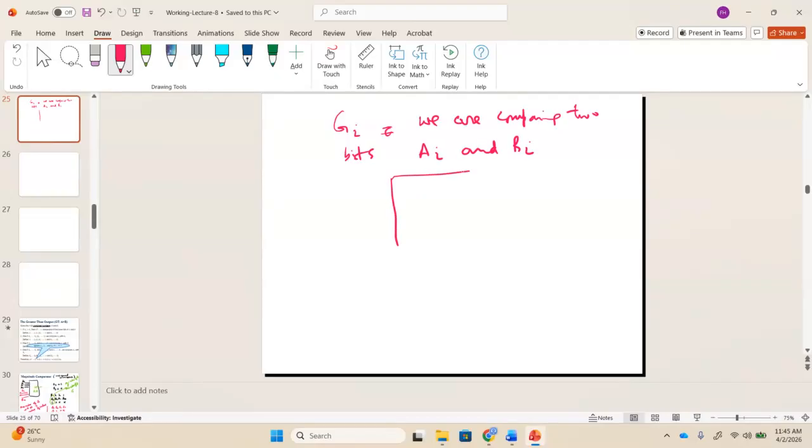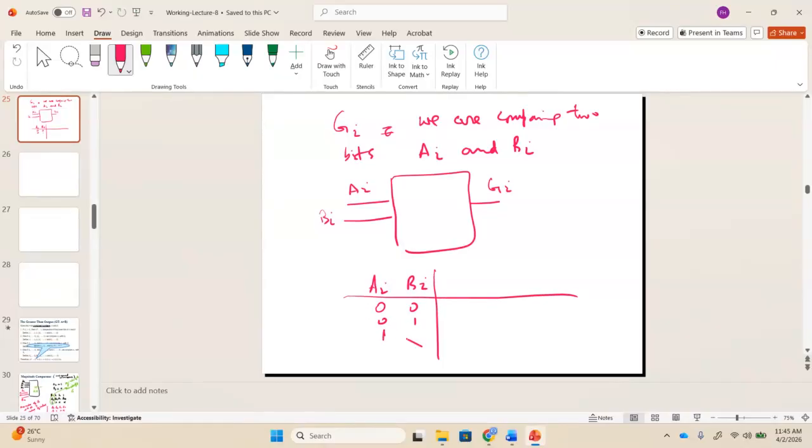This is the block diagram of Gi, with inputs Ai and Bi. What will be the truth table of this? We have Ai and Bi, with four possible combinations: 0 0, 0 1, 1 0, and 1 1. What will be Gi? Help me.